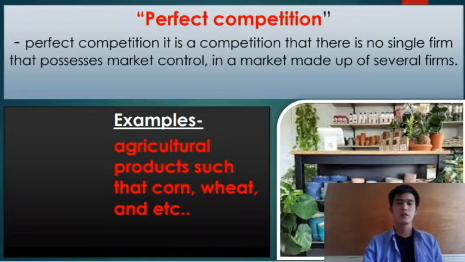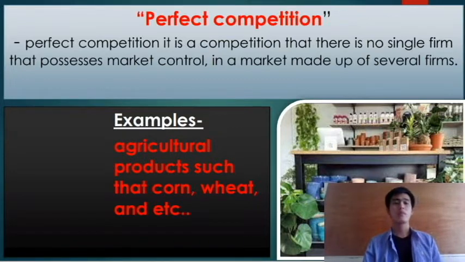When we say identical products, it is the same goods that they sell in the market. An example of that is a plant market. The plant market is a good illustration of perfect competition.